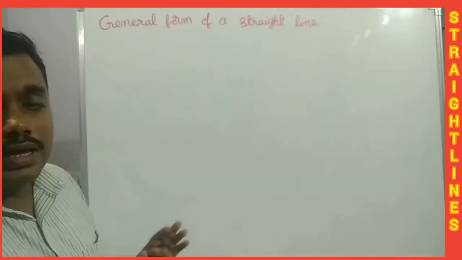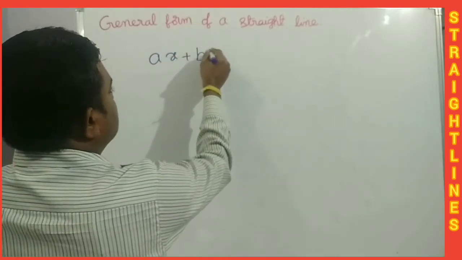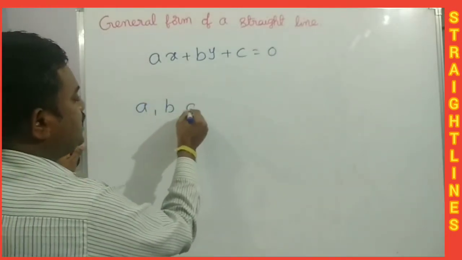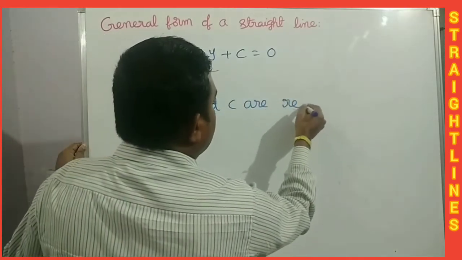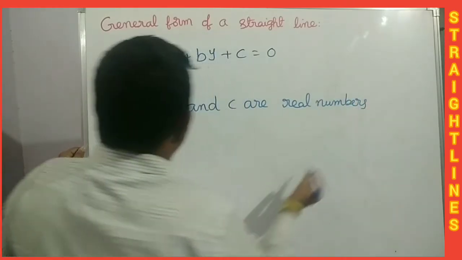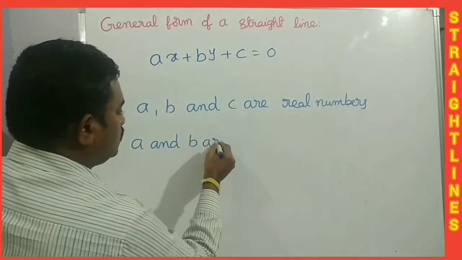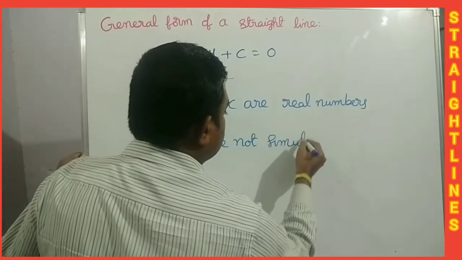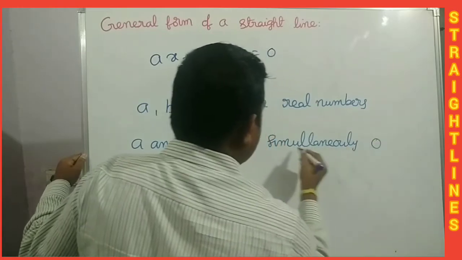27 square units. The general form of a straight line is ax plus by plus c equal to 0, where a, b and c are real numbers and a and b are not simultaneously zero.